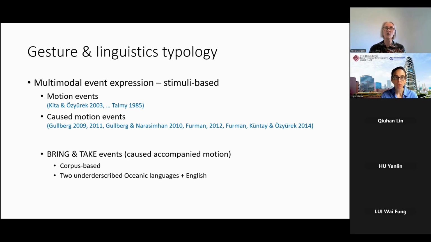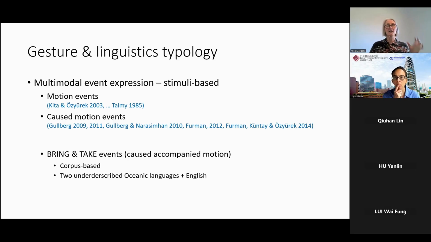Typically people watch videos which are designed to include certain events and stimulate people to talk about the events that are under study, which gives us a kind of tailored corpus of spoken and gestured descriptions that make sure that these events are represented in the data.